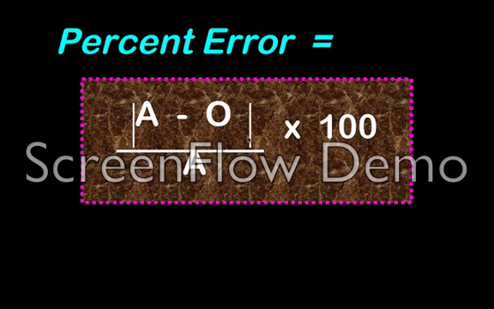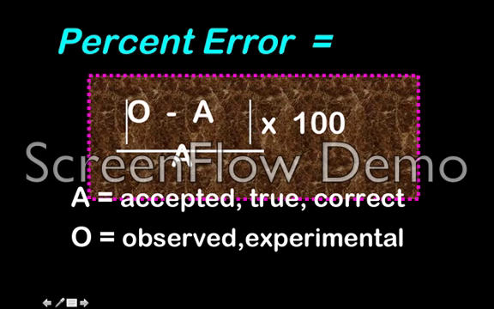Sometimes we will use a formula called percent error to express how far off our measurements are from a true or accepted value. These are absolute value bars, and A is the accepted, true or correct value, where O is the observed or experimental value.